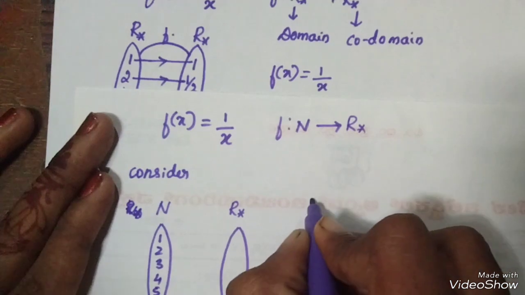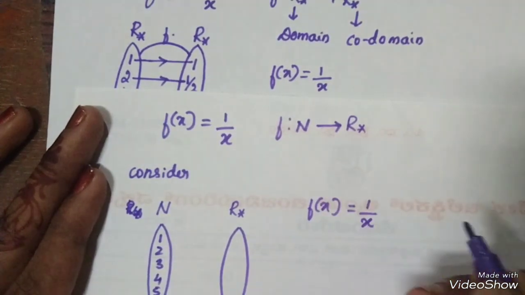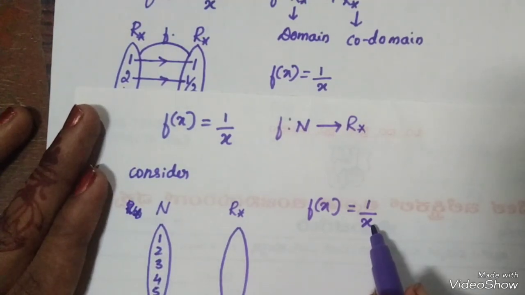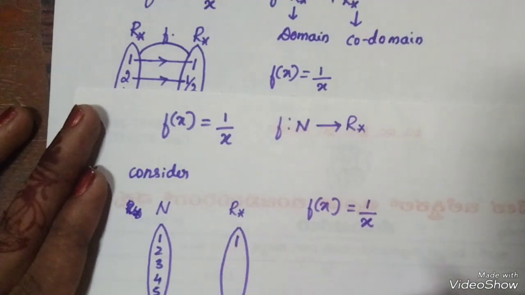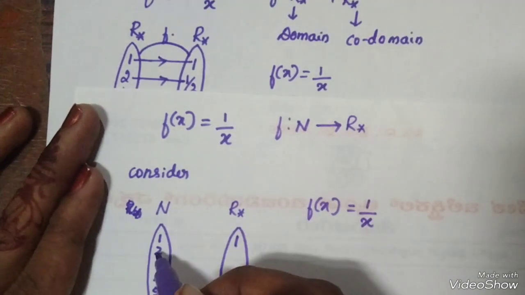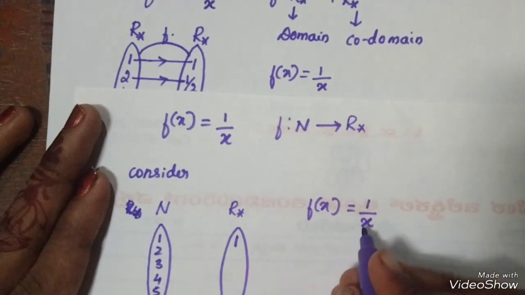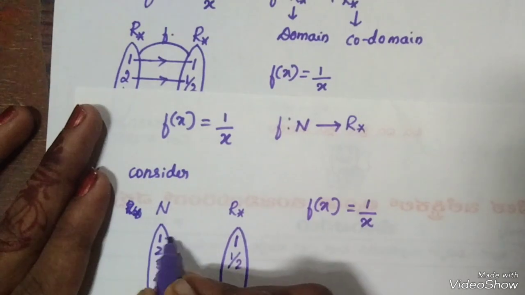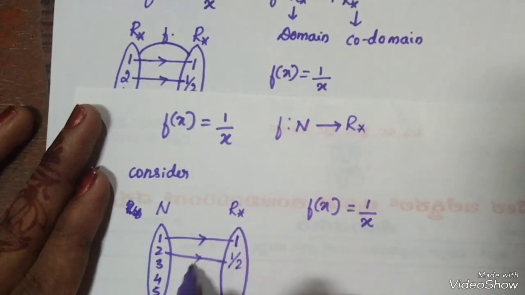Here consider the function f of x is equal to 1 by x. Now put x equal to n. For the first value, 1 by 1, the value becomes 1. Put natural number x equal to 2, then 1 by 2, the value becomes 1 by 2. 1 is related with 1, 2 is related with 1 by 2.